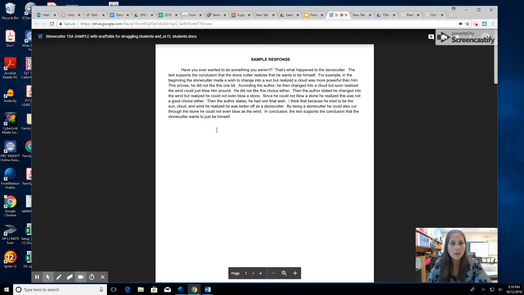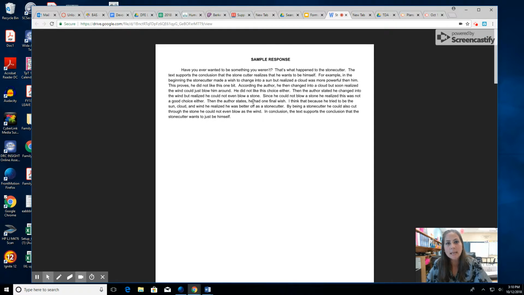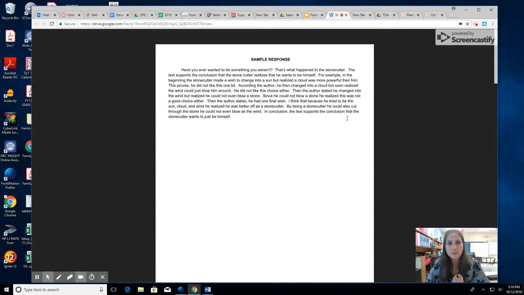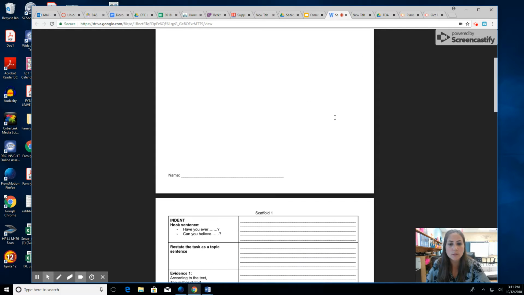So now we're going to take a look at an example of how I modified a formative assessment last year in a third grade class. This was for a TDA assessment. It was on the Stone Cutter test. Up here I wrote a sample response, which really helped me because I completed the assessment so I could see what the student process was going to be and what barriers there might be for the students.